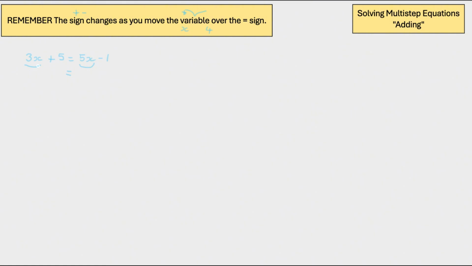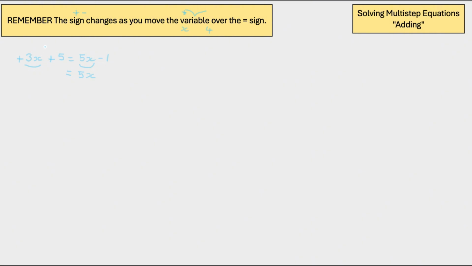So I'm now going to take this 3x over this equal sign, so it sits with the 5x. So now I'm going to have 5x, and that's going over the equal sign. At the moment, that's obviously a plus. If it was a negative, it would have a negative in front of it, like that one.